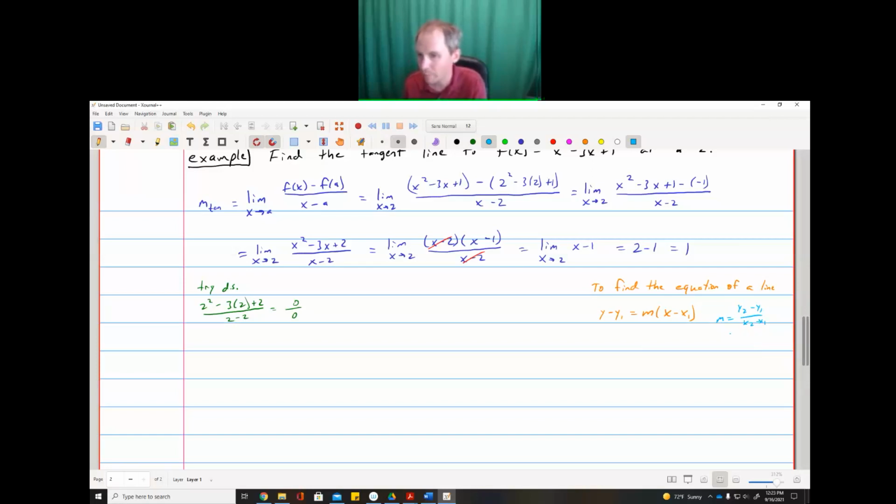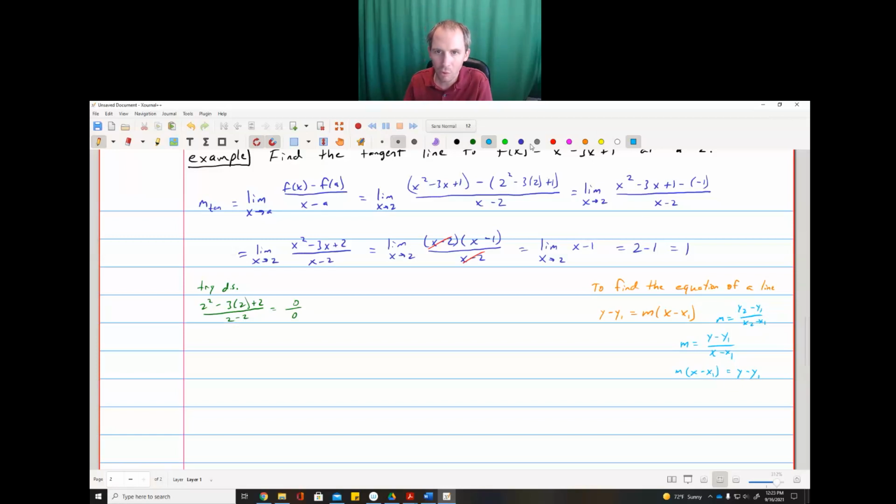If I pick one of my points, instead of a fixed point, call it a flexible point, x comma y, I could write this as slope is y minus y1 over x minus x1, and then just multiply both sides by that denominator. m times x minus x1 is y minus y1. Okay, that's where this equation for a line comes from. It's just the point slope formula written without a fraction.